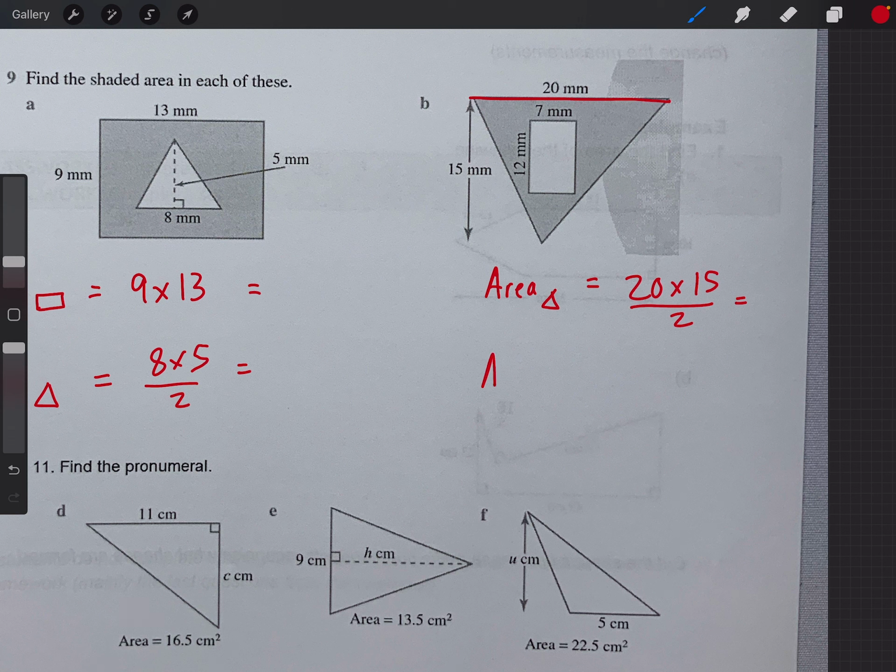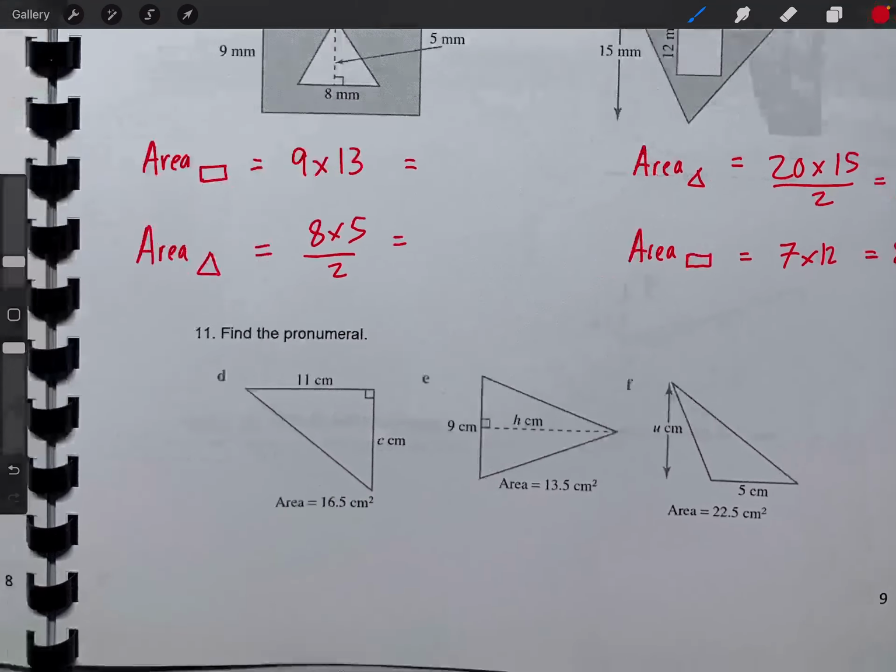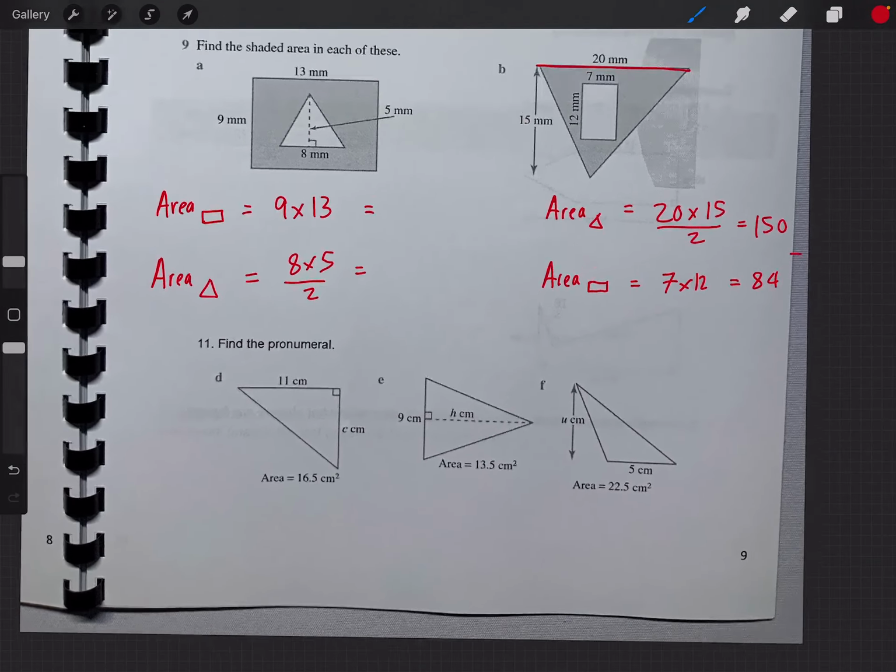And then you got to find the area of the rectangle that's being cut out. And the area of the rectangle is really easy. It's just 7 times 12. And that'll give you 84. And this one will give you 150. And then what we do to these two numbers, we subtract, because the white piece has been removed and we don't want it. So we have to subtract it.